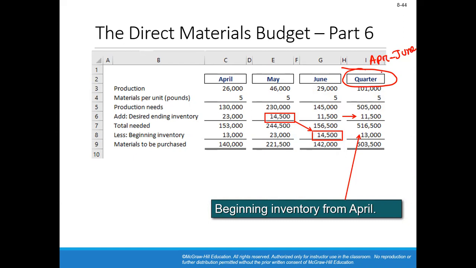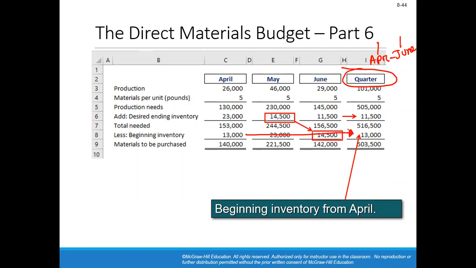This quarter starts with which month? Beginning April. And it ends with June. So the beginning inventory of this quarter should come from which month? All months, or should it come from April? It should come from April, this one. So this one should be here.